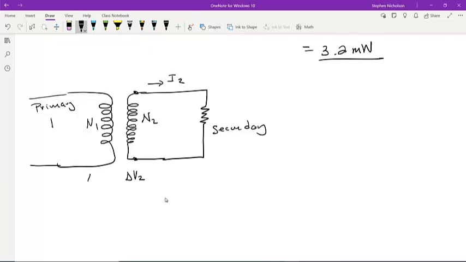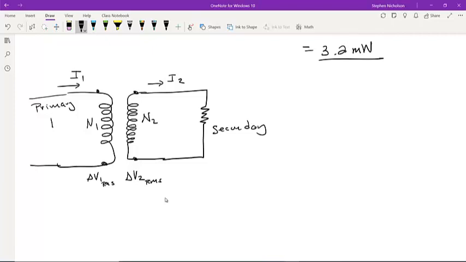If you measure the voltage across this loop, it'll be delta V1. Now it turns out that the important number here is the RMS voltage, because for a transformer to work, you have to have an AC signal. For an AC signal, you could use the max or you could use the RMS. We want to use the RMS voltage drop across each one of these. And then there's going to be some current flowing through the primary side.